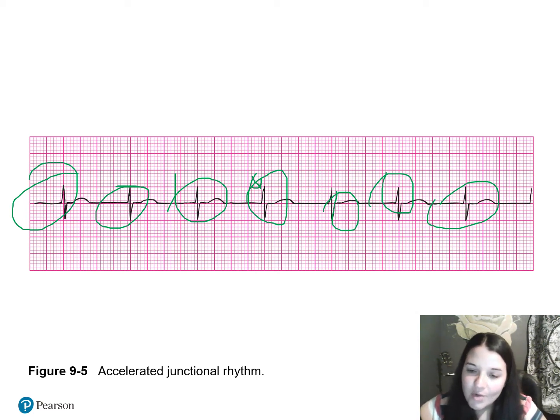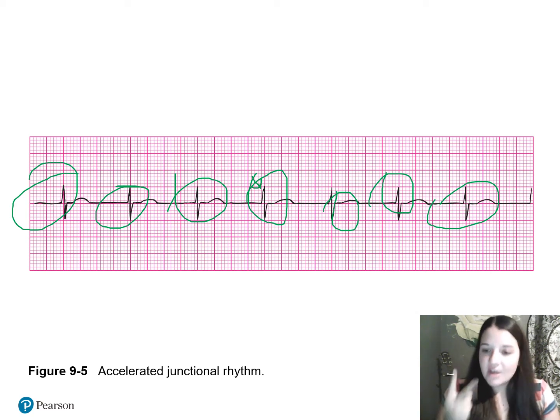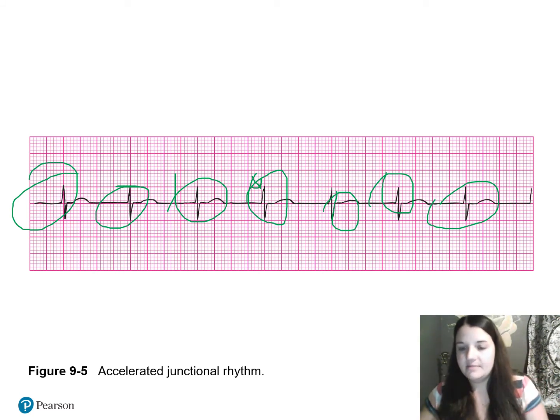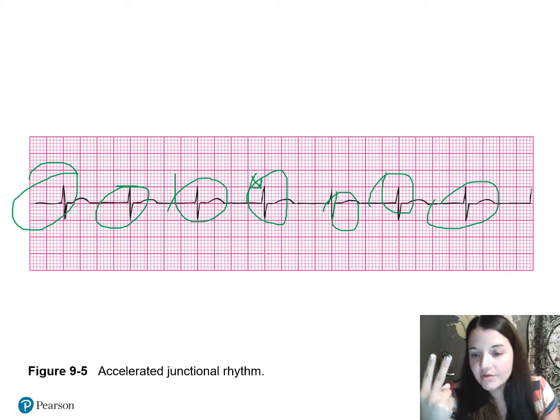And also, I want to point out, this slide is perfect to point out before we get to chapter 10, your QRSs, and I always do this and it might seem funny on video, but your QRSs, they are narrow. Let's see if I can angle it. They're narrow. I'm sorry, I'm picking my fingernails. They're narrow. Where's my hand? They're narrow. But when we get to chapter 10, the way that you know the rhythm is coming from your ventricles, they're going to be wide.